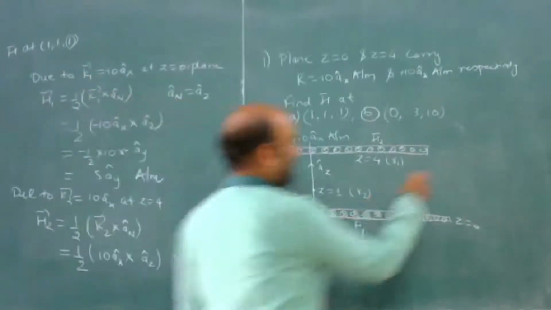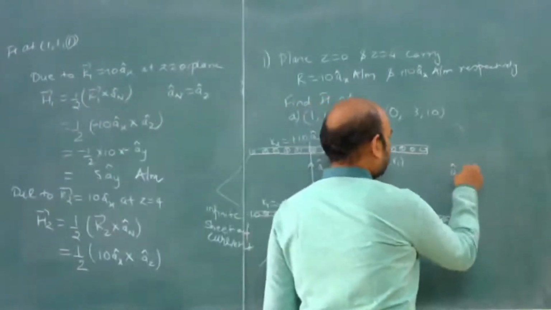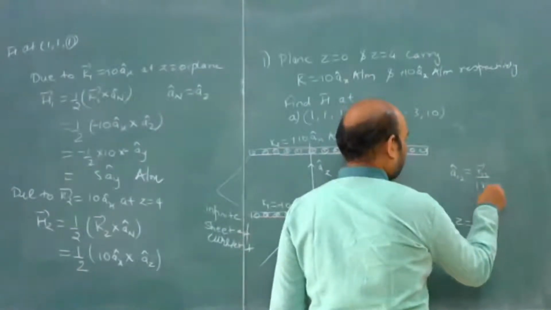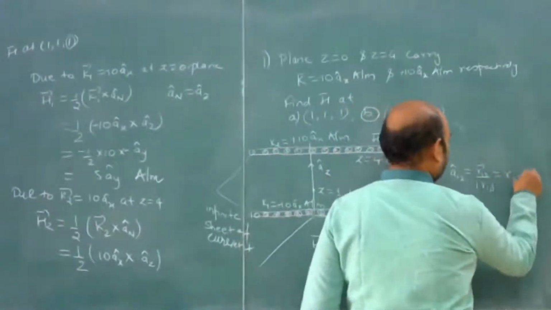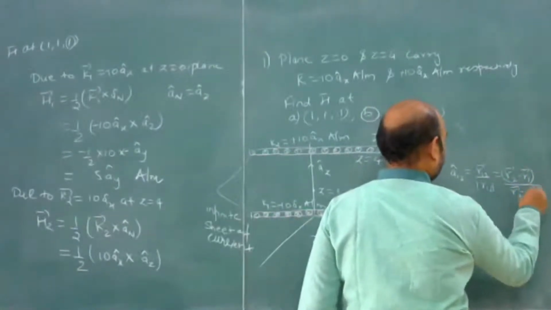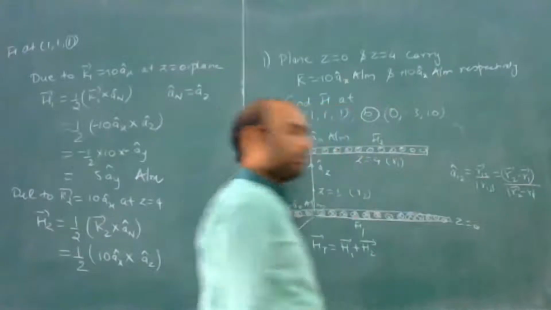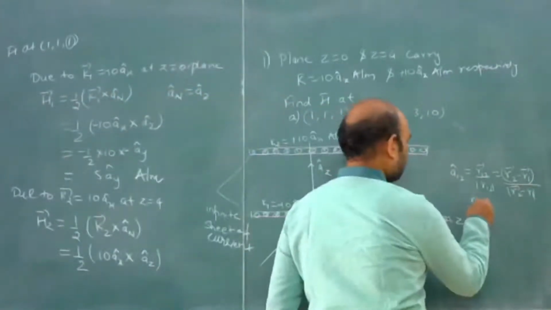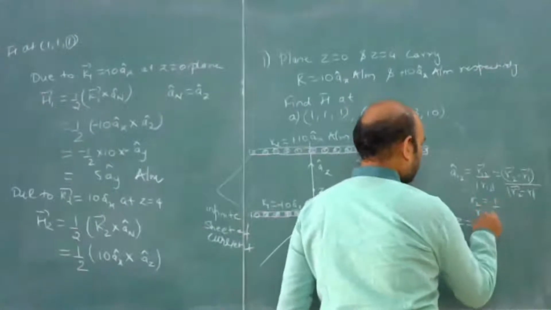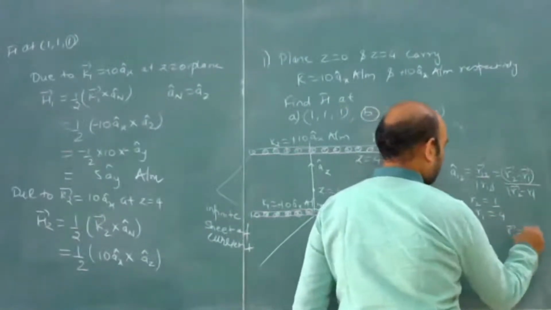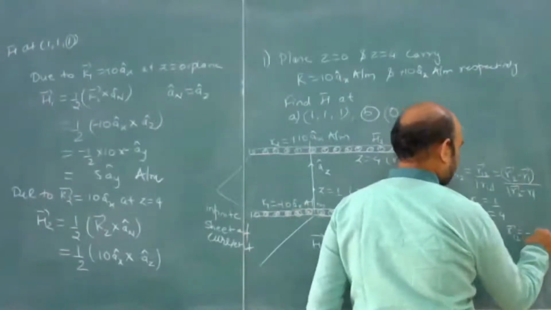We always find a_12 as R12 divided by the magnitude of R12, where R12 is R2 minus R1. Here R2 is 1 and R1 is 4, so you will get R12 as minus 3.